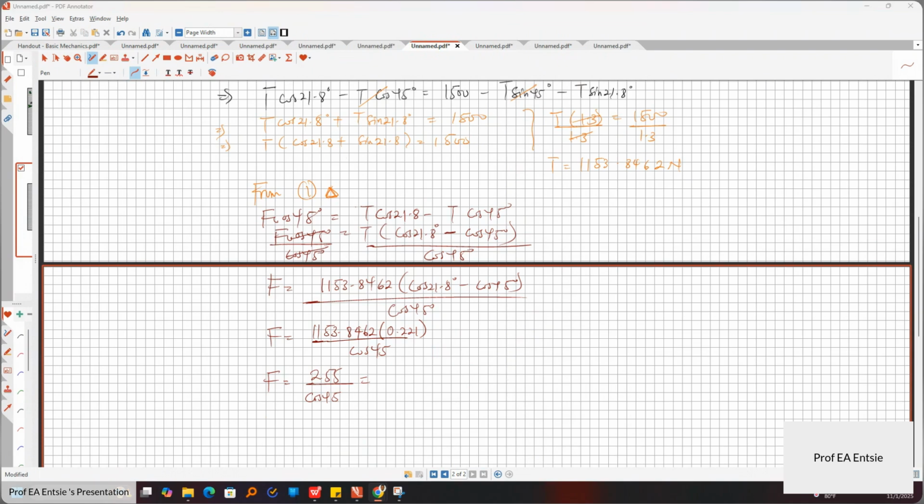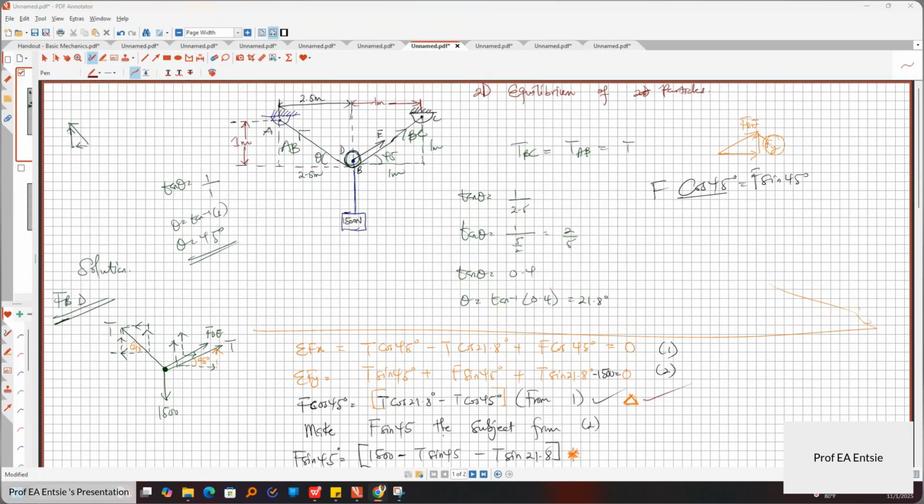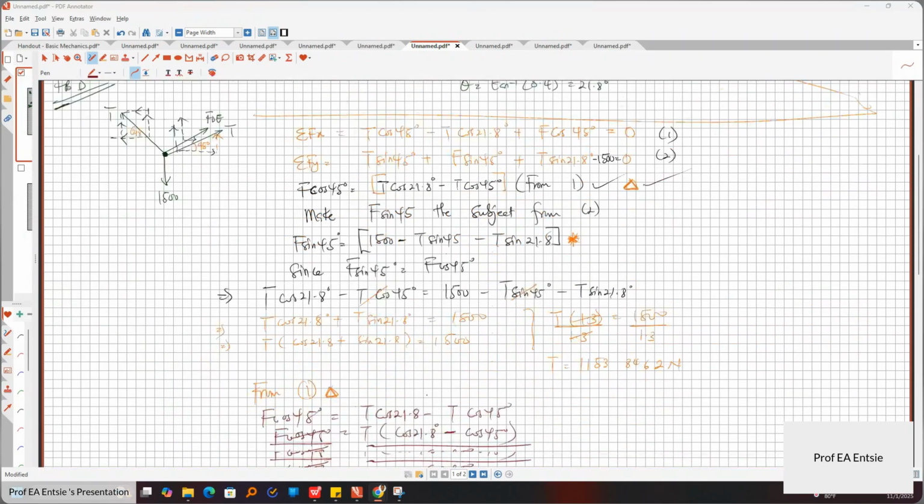What do we get? So finally, our F will be 360.62 newtons. That's what you get from this particular question. Very simple and straightforward.